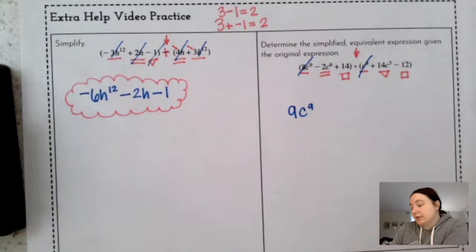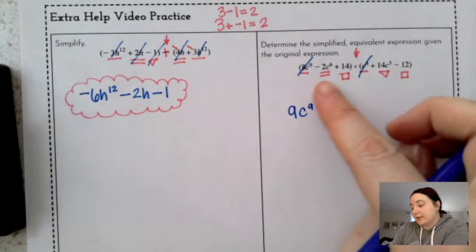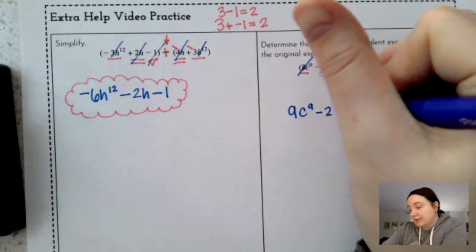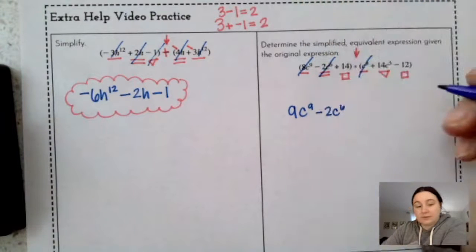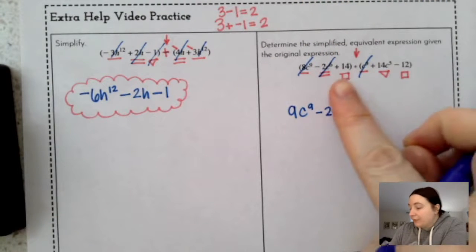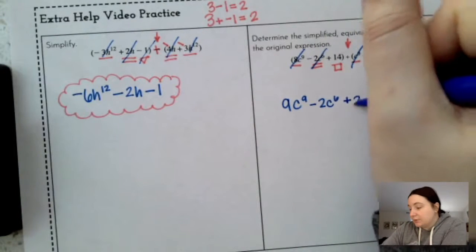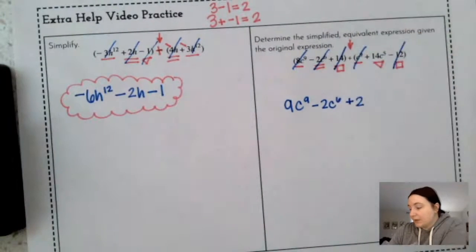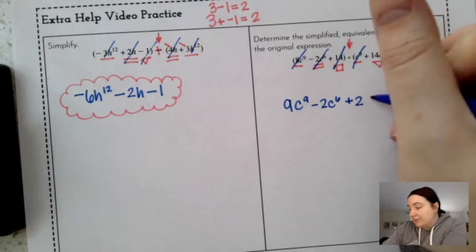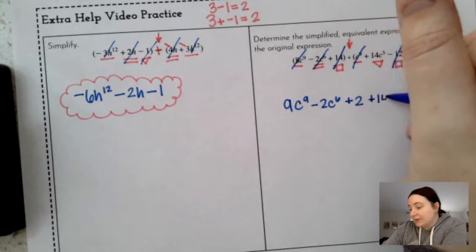Then my c to the 6th doesn't have any friends. I don't have any double lines, so I'm just going to pull that down. 14 and negative 12, I add those together to get 2, and then 14c to the 5th didn't have any friends, so I bring that down.